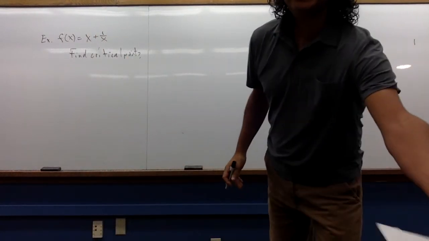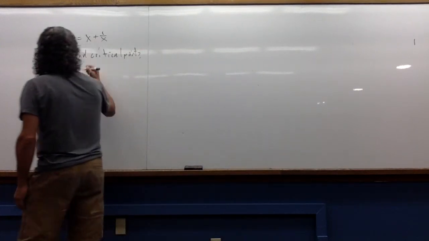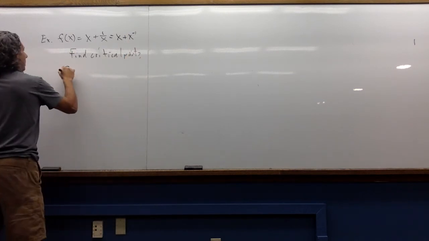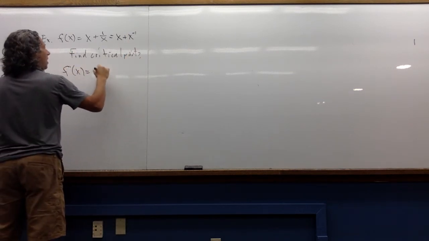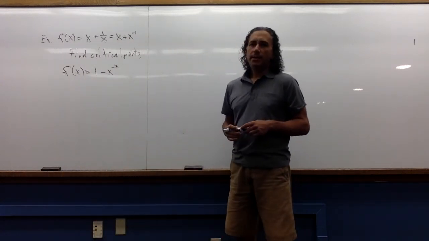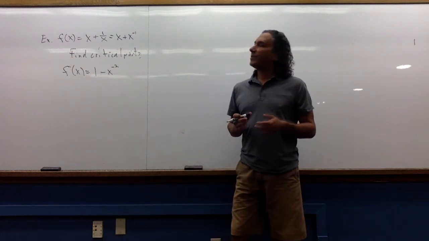I need to take the derivative of this. Since I'm going to take the derivative, let me rewrite it as x to the minus 1. We have 1 minus x to the minus 2. So we need to figure out where this is 0 and where this is not defined.